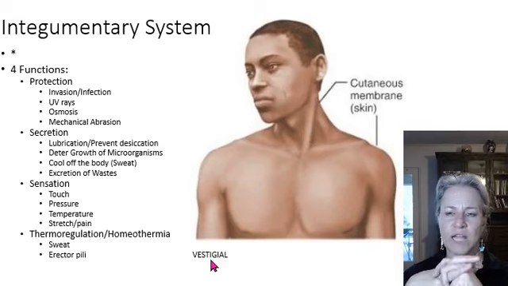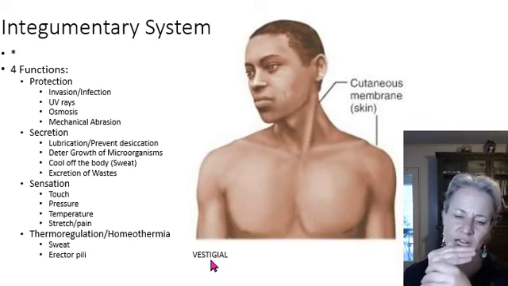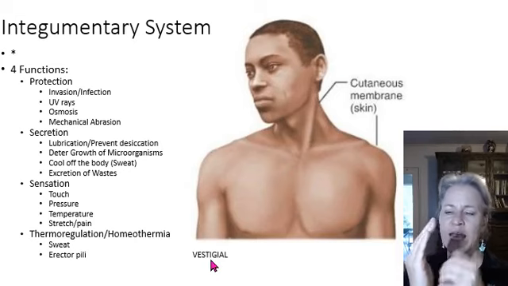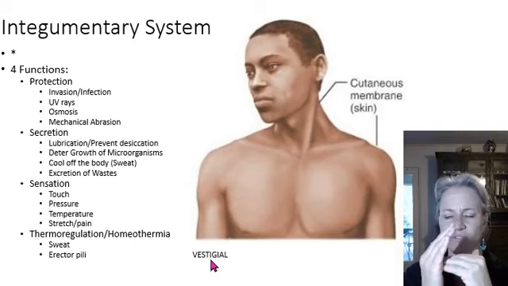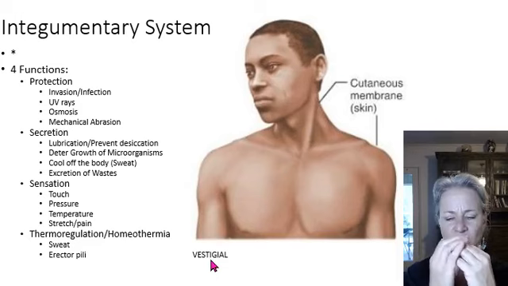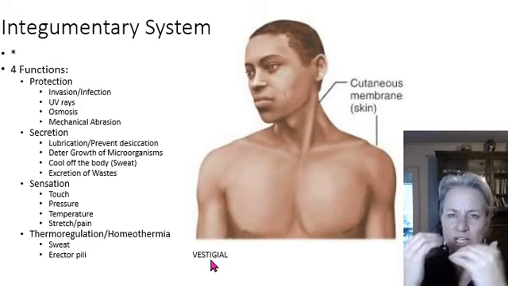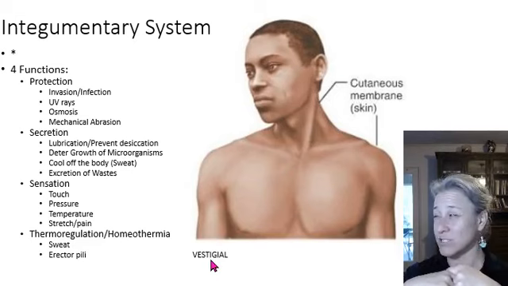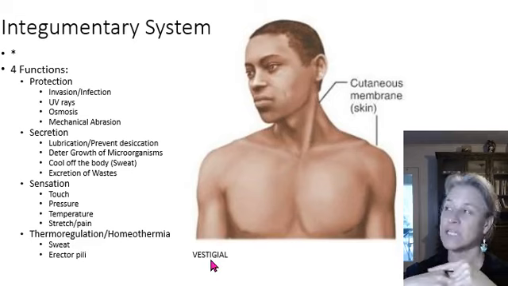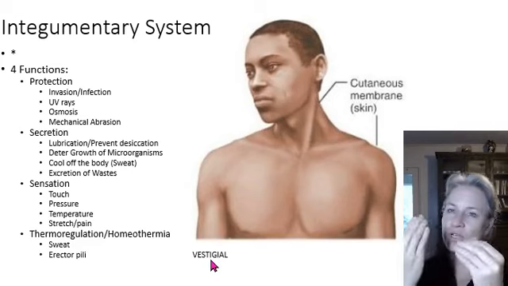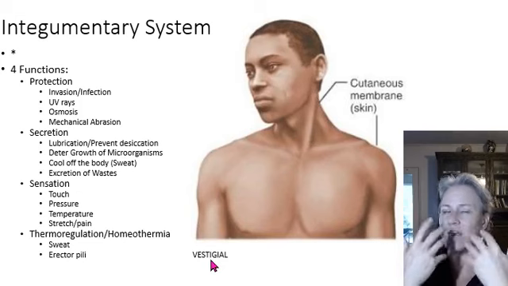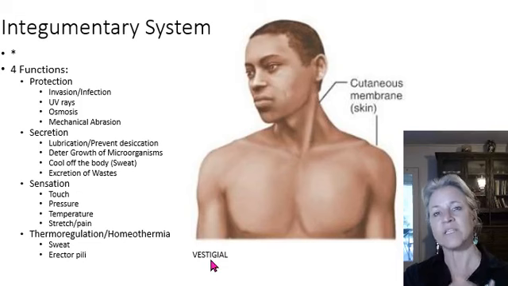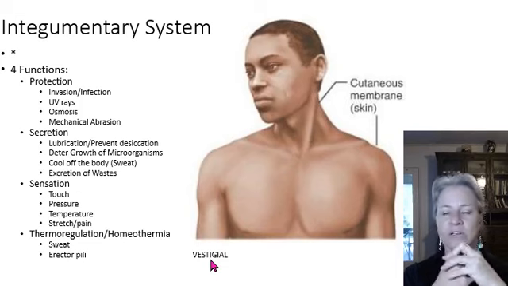When the erector pili cause the hair to stick up in a furry animal, the fur stands up, and the heat that is lost through the surface of the skin is trapped between the fur and the skin, exactly like putting on a fur coat. But we're not furry animals, so it doesn't work that well for us. But it can help communicate if you're unable to communicate. If someone sees your chill bumps, they would recognize that you're cold.